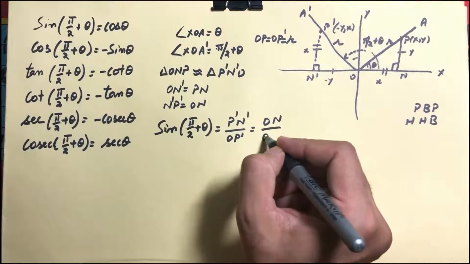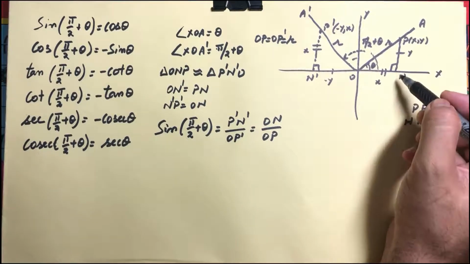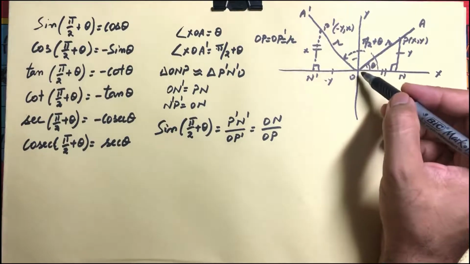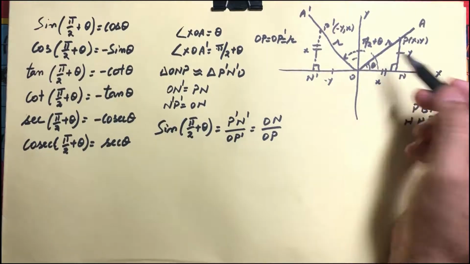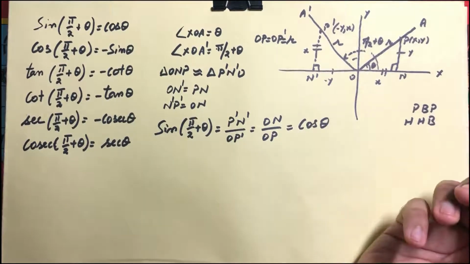ON upon OP. So ON upon OP, base upon hypotenuse. This is cos of theta.